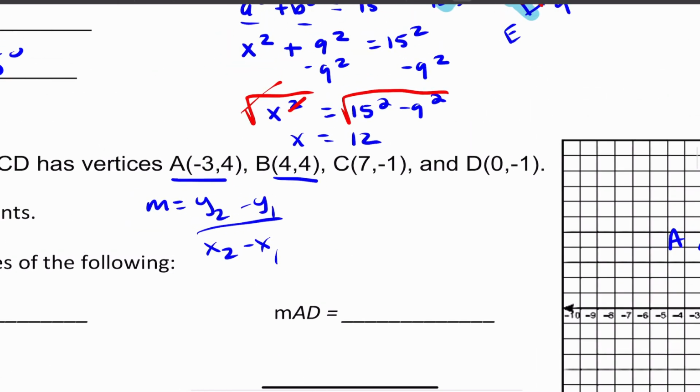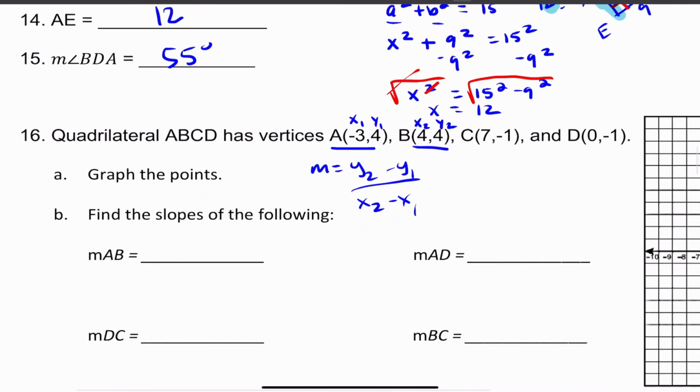Let me call this x1, y1, x2, y2. So the slope of AB is y2 minus y1 over x2 minus x1. So that's 0 over 7. So really, that's just 0. Okay, so that's the slope of AB.